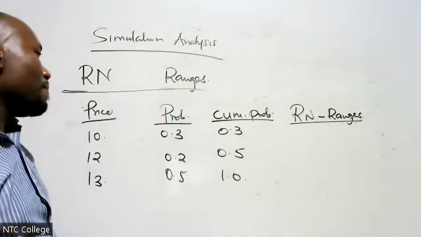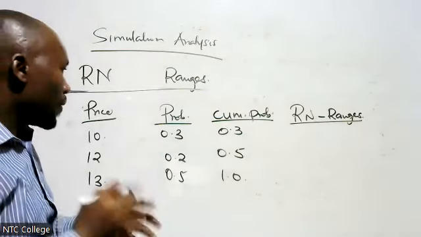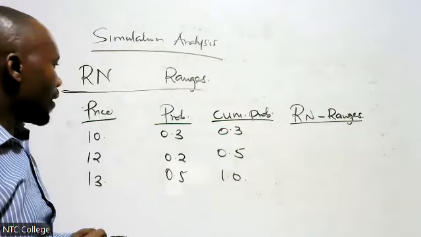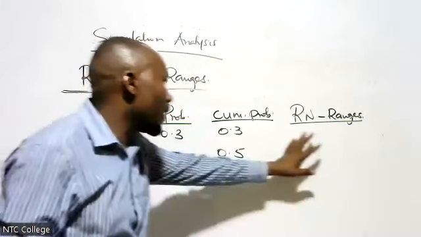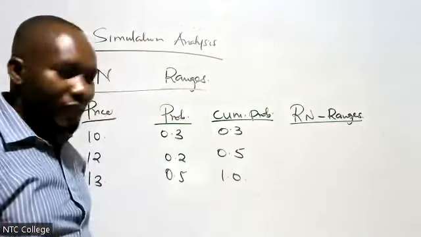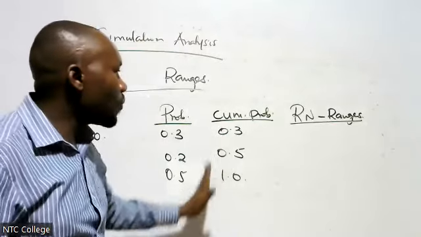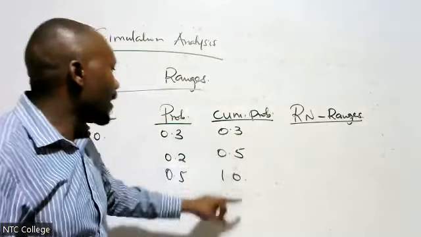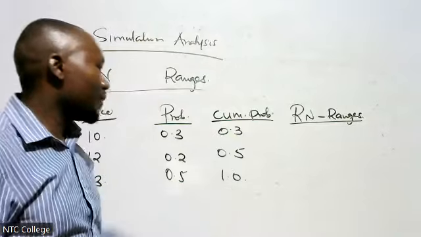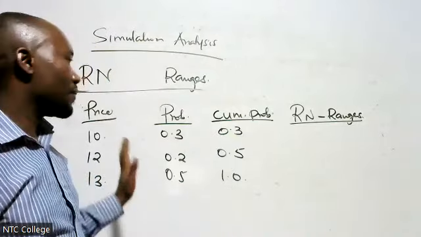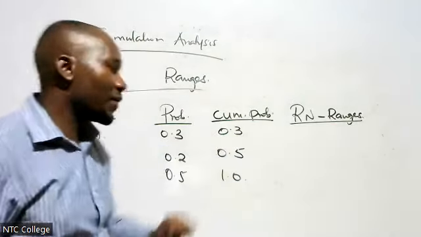And when you are making them, now that we know that they are one digit, when you are putting the ranges, you ignore the decimal places. Assume that it's only 3, it's only 5, it's only 10. Ignore the decimal places when you are making the ranges.